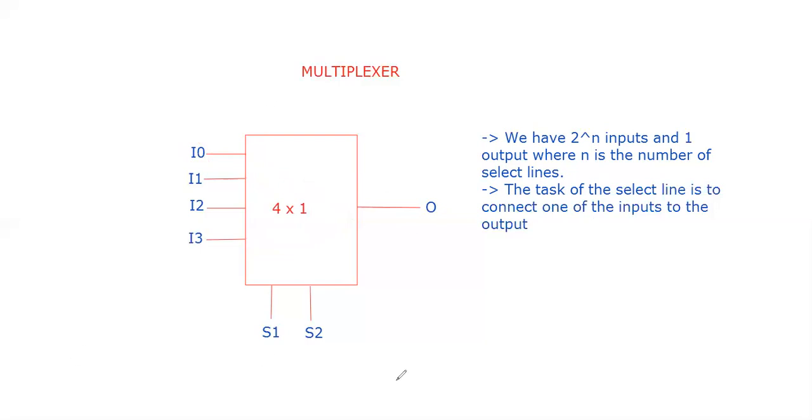Now, moving forward. Now, how to make this multiplexer using AND gates? So first, before making it, why should the input lines be 2 to the power n? There can be a question why the input lines should be 2 to the power n for n select lines.